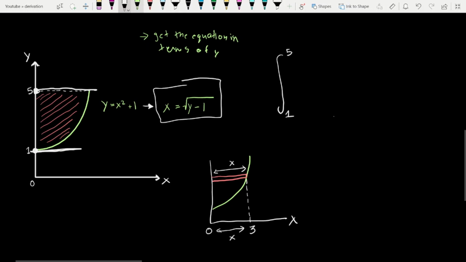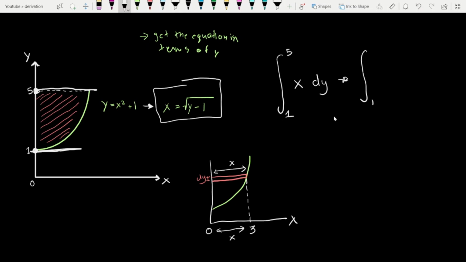And then the width again is dy, because it's on the y-axis. So we're summing up the areas of tiny rectangles. The area is going to be the height, which is x, times the width, which is dy, from 1 to 5.